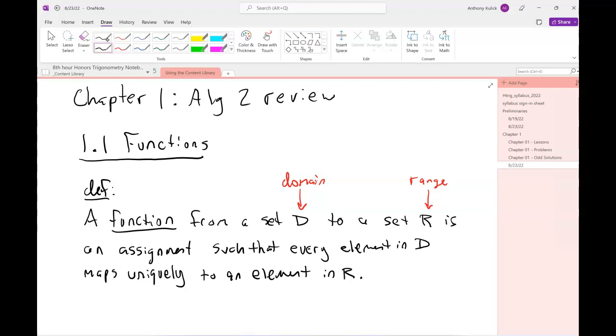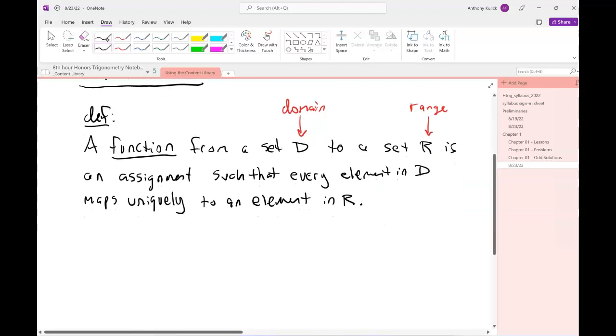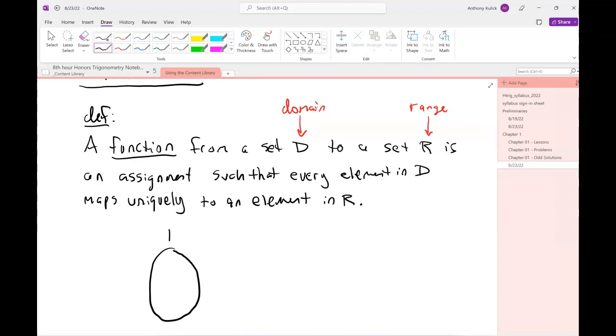Everybody kind of jogging their memories? So let's think about visually what this is really saying. Let's draw a mapping diagram representation of our function. This first circle is going to be our domain. This circle is going to be our range.